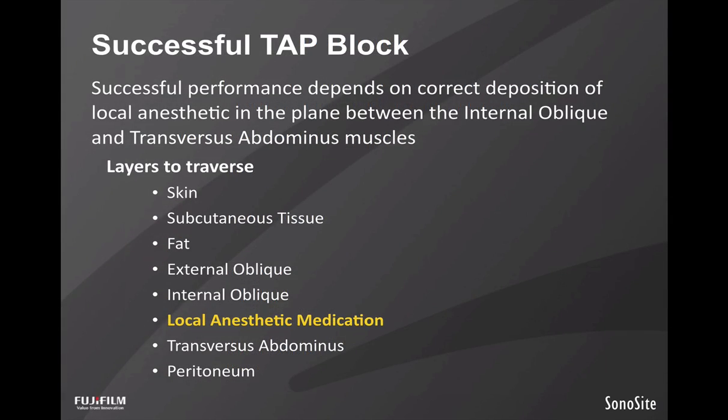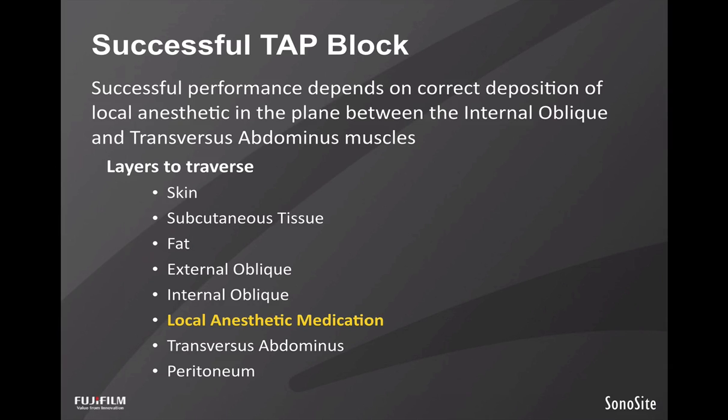Now, more importantly, how do we perform a successful TAP block? The performance depends on correct deposition of local anesthetic, as I mentioned, in the plane between the internal oblique and the transversus abdominis muscles. Again, I will review the layers to traverse: the skin and subcutaneous tissue, any fat, the external oblique muscle, the internal oblique muscle, and then we want to stop in between the internal oblique and the transversus abdominis muscle and deposit our local anesthetic medication.